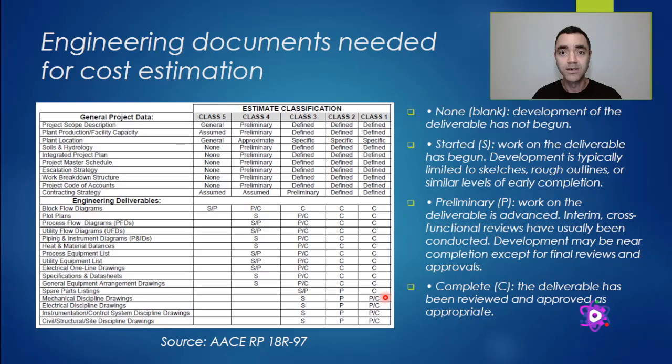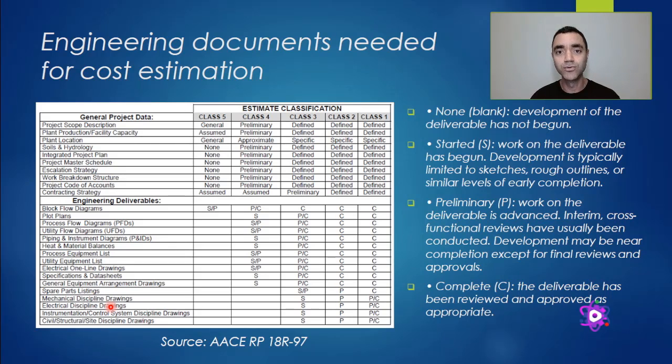When we go to detailing design, engineering, procurement and construction, these documents here must be completed in order that we can erect the plant. You will not erect the plant with preliminary drawings, or you should not erect the plant with preliminary drawings.